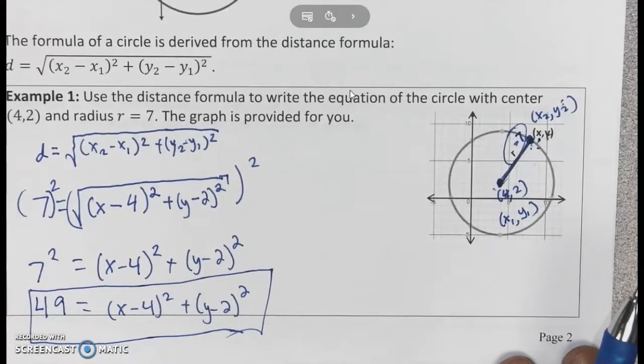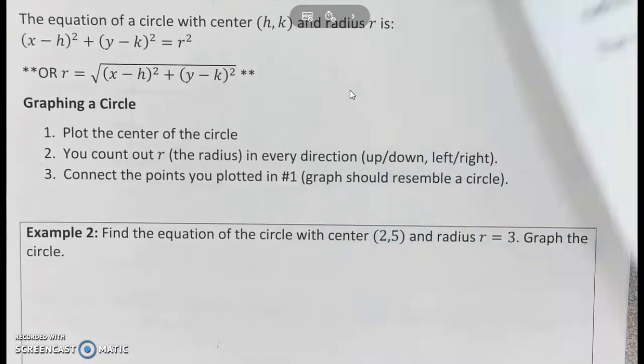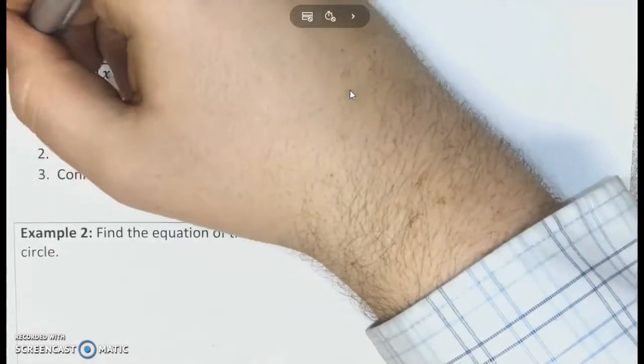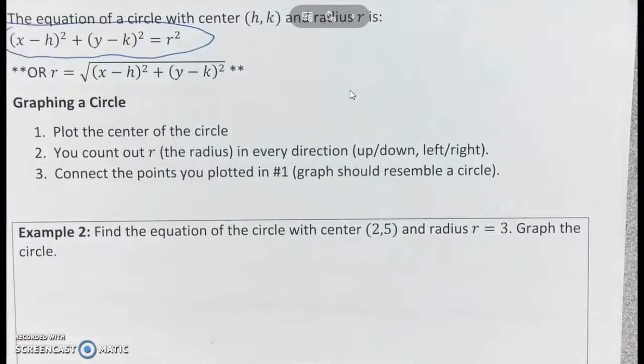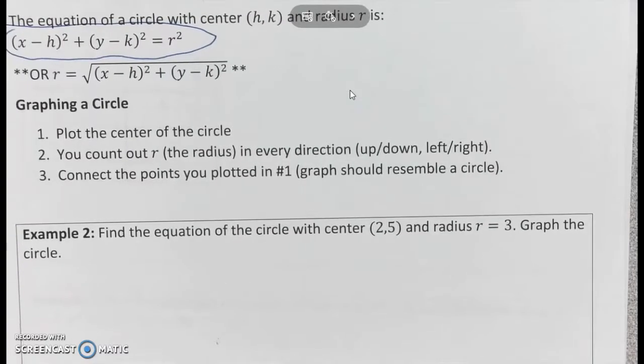So an easier way to write the equation of a circle is by using the given formula. So the given formula that your book is going to use is this one right here. It's x minus h quantity squared plus y minus k quantity squared equals r squared.